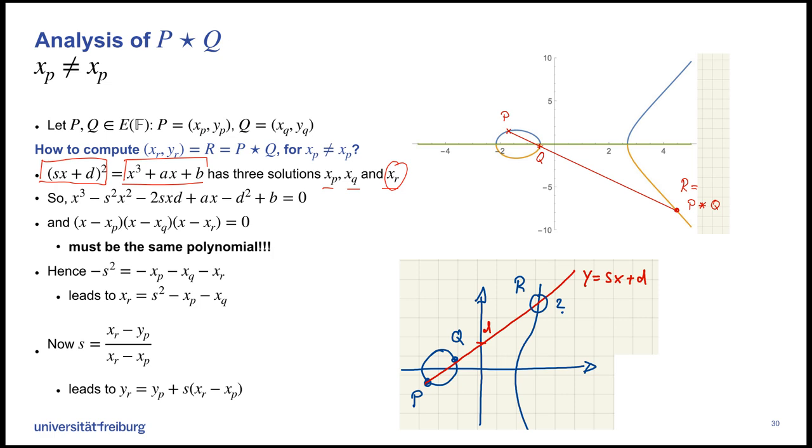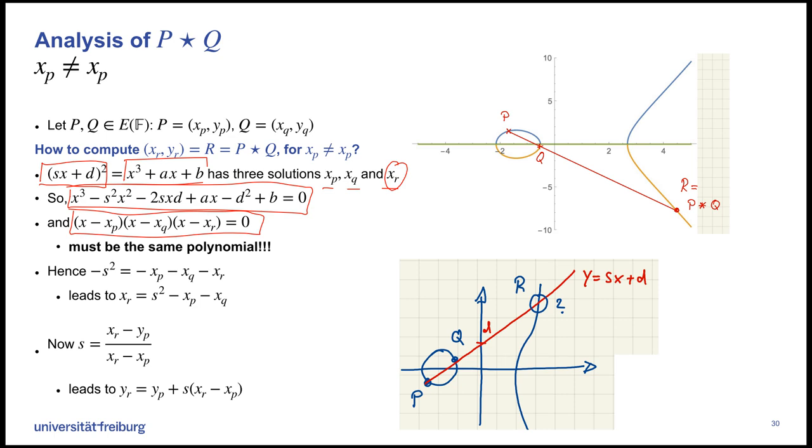So what I do is I multiply the left side, put it on the right side, so I get this problem here, which is a polynomial which has exactly these three solutions. Now, I can also write this polynomial in this way: x minus xp times x minus xq times x minus xr.